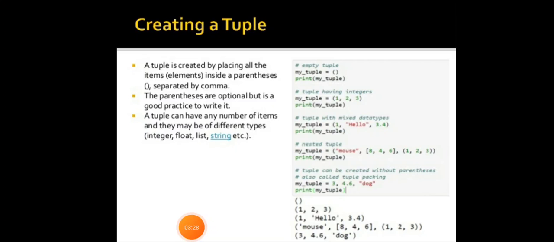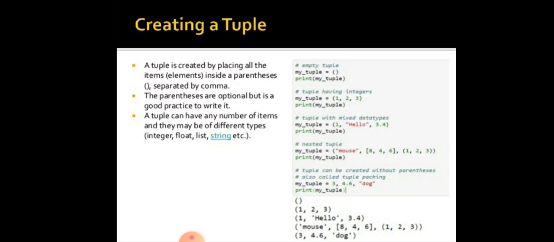Then we are creating a tuple containing mixed data elements of different data types. Suppose we have taken a tuple my_tuple equals 1, hello, 3.4. तो इसमें 1 हमारा इंटीजर टाइप का है, 3.4 हमारा फ्लोट वैल्यू है एंड hello is a string value.